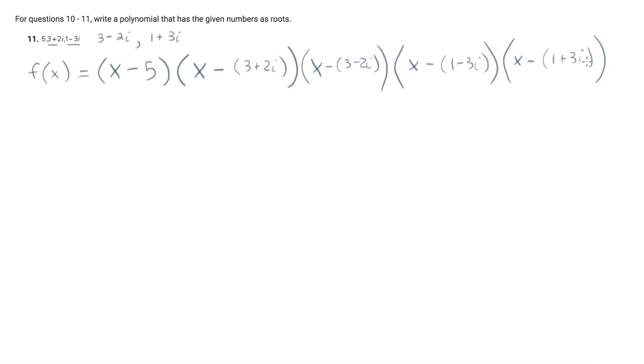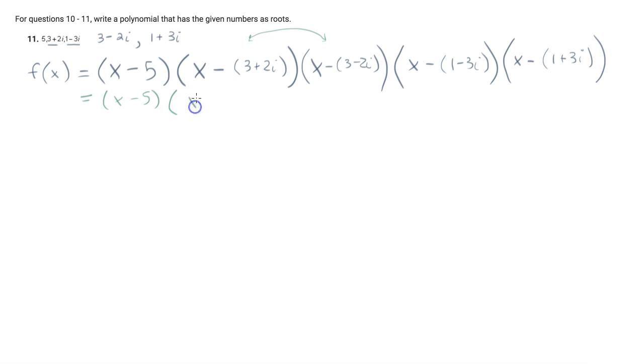All right, so let's get down to it. We have to make this into a polynomial in standard form. So let's first start by trying to simplify those parentheses that have the i's in them. We can multiply them two at a time. So let's multiply these two parentheses by themselves first.